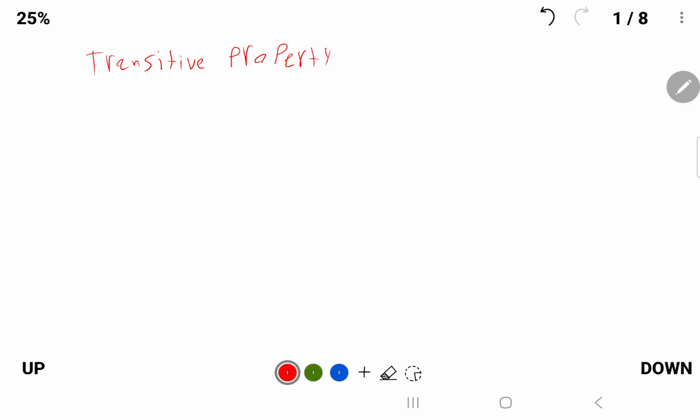Now transitive property: if angles are congruent to the same angle, they are congruent to each other. For example, if angle 1 is congruent to angle 2 and angle 3 is congruent to angle 2, then angle 1 is congruent to angle 3, because if angles are congruent to the same angle, they are congruent to each other.